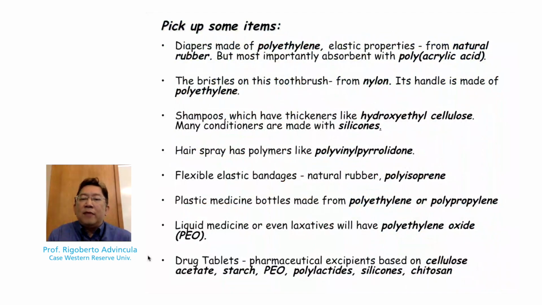So what I want to emphasize is that all over us, everyday things, even a visit in a pharmacy will allow you to learn more about polymers, whether it's diapers consisting of polyethylene and polyacrylic acid for the absorbent, buying a toothbrush with nylon and polyethylene, or shampoo containing different types of viscosifiers as silicone, or hairspray with polyvinyl pyrrolidone. There's lots to learn about polymers being used all over.